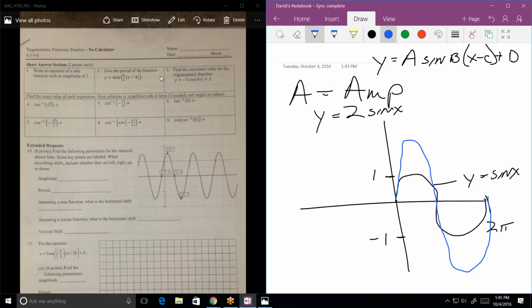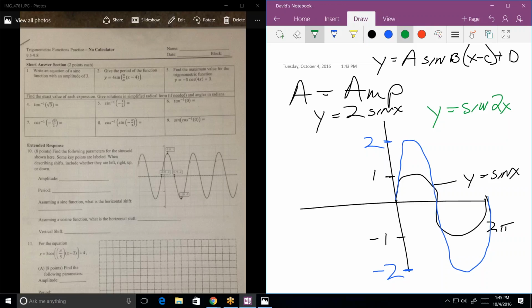In other words, the period is 2 pi, but instead of from -1 to 1, it would go from -2 to 2. Okay, so that looks like a vertical stretch factor, right? Yes. Okay, now let's look at a different one. Let's look at what y equals sine of 2x would look like.